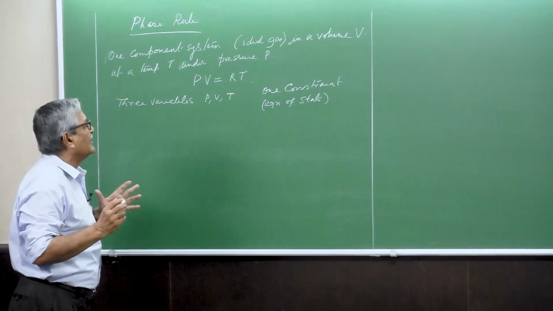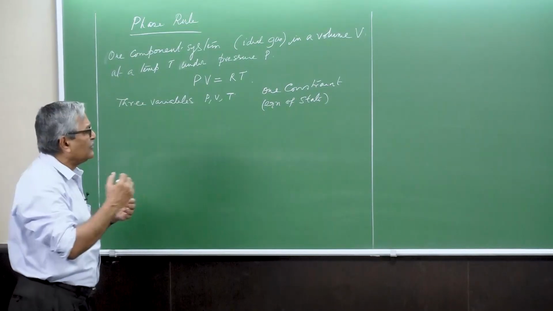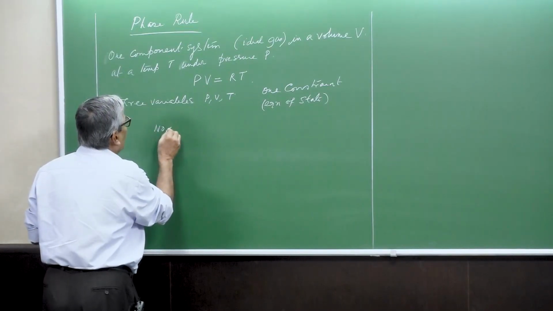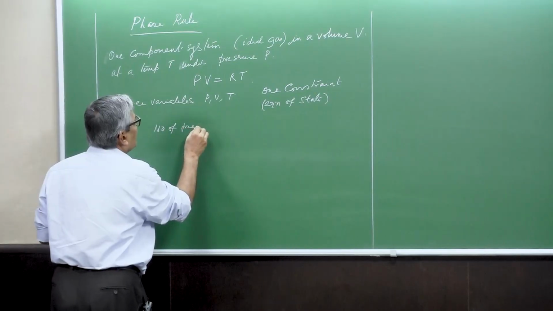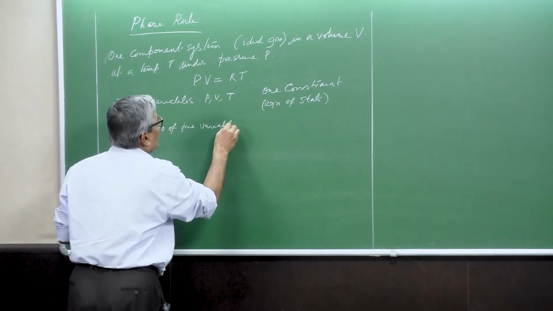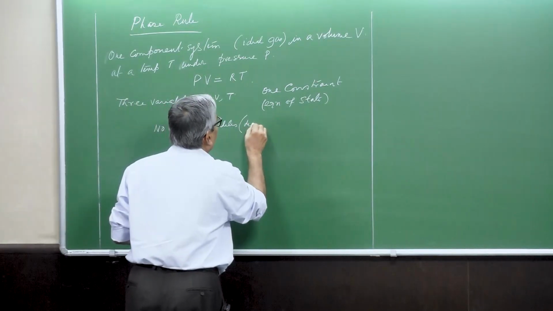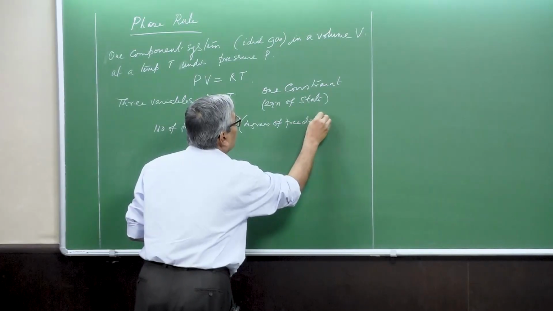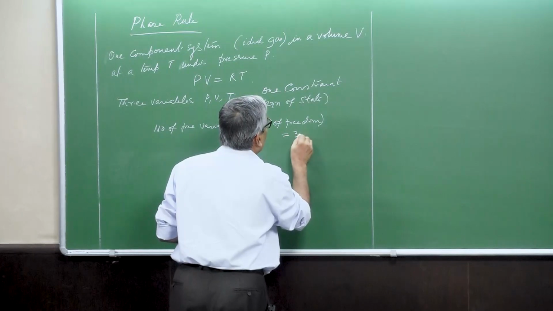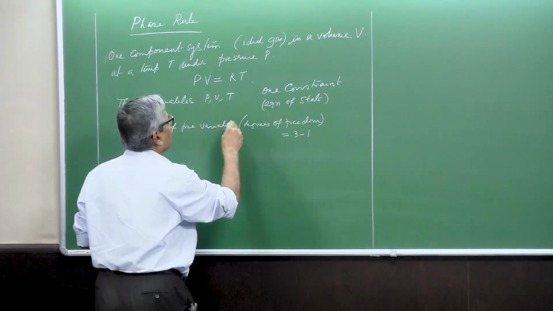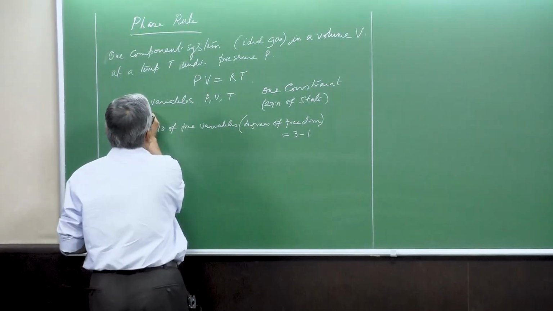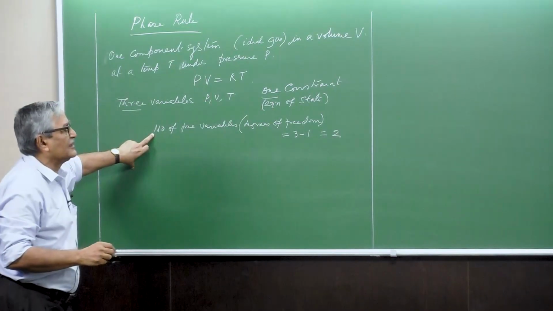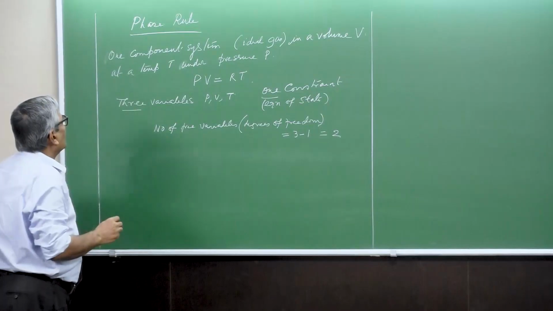So the number of free variables by which you can manipulate the system, I call it the degrees of freedom, is 3 minus 1, the number of constraints, 1. So 3 variables and 1 constraint, that is equal to 2. So the number of free variables is just 2. Now this is the first case.